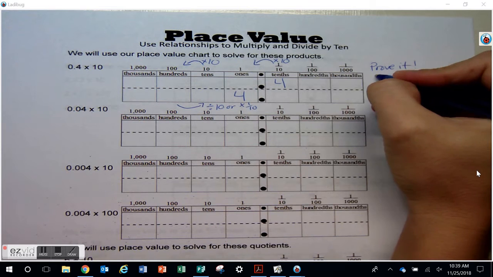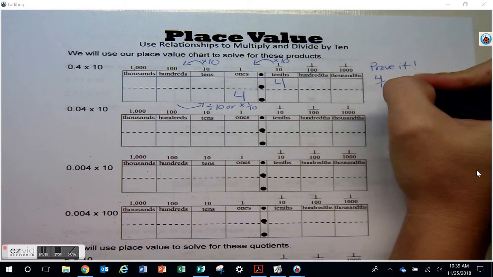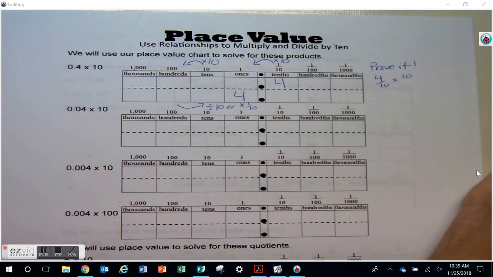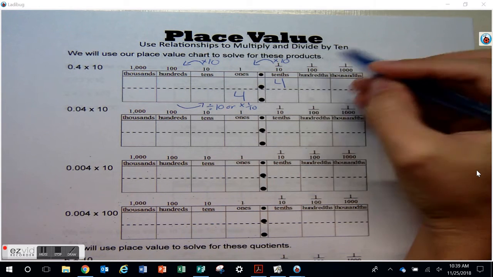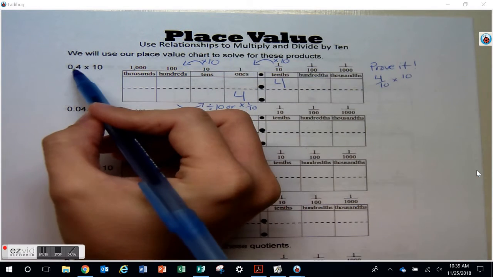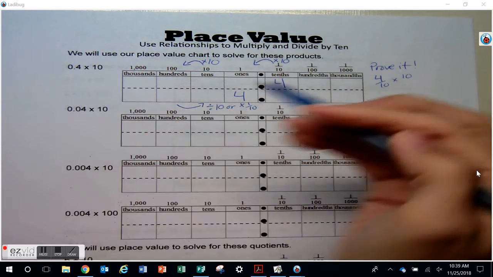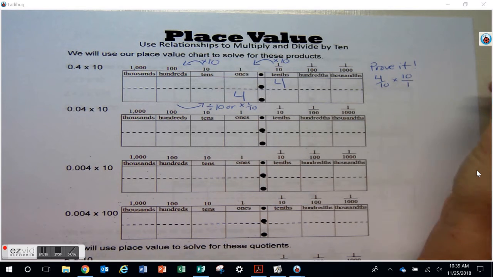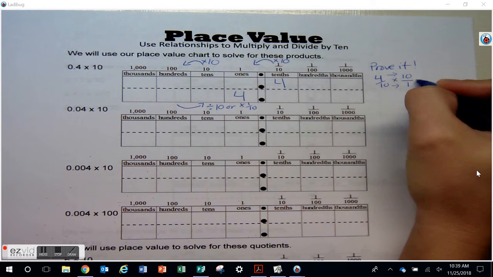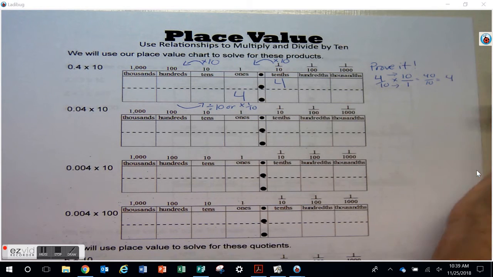If I have 4 tenths and I multiply by 10, 4 tenths times 10, remember this 4 tenths and this 4 tenths are equal. Let's make that a fraction, multiply across. We get 40 tenths, also known as 4 ones. So I could prove it with my fraction knowledge.